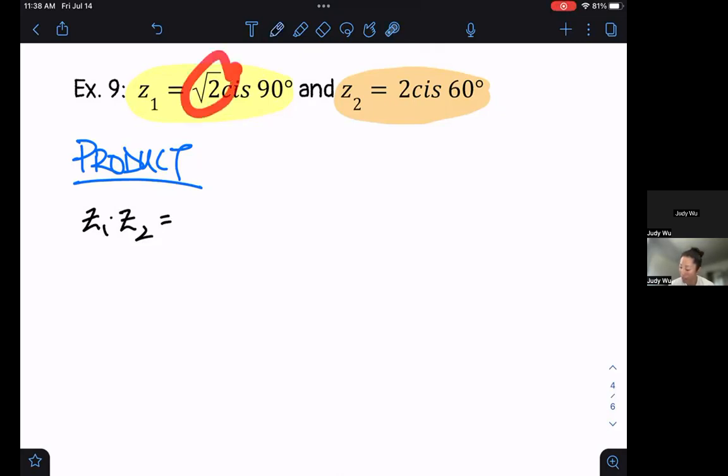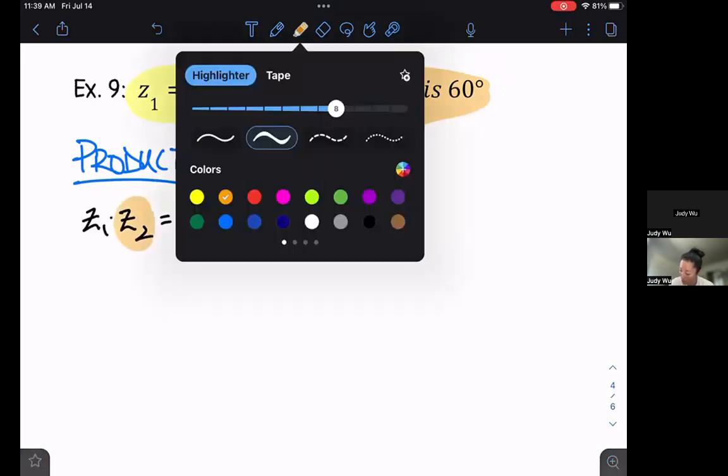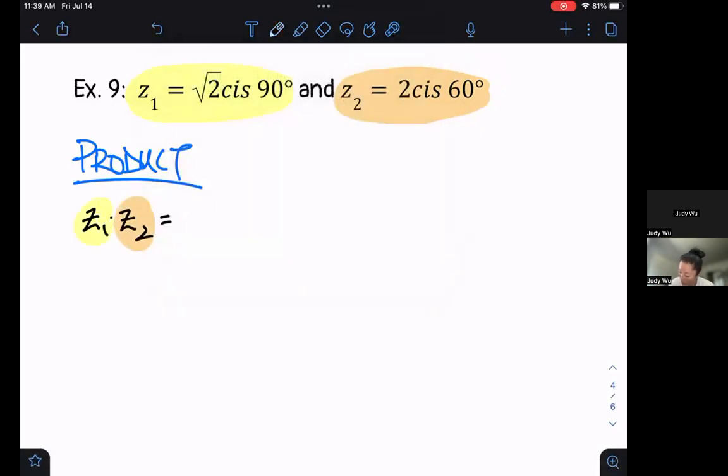Now, here's what we're not gonna do. We're not gonna take the R's and multiply them and then take the angles and multiply them, okay? That's almost what we do. It turns out that if we wanted to find the product of Z1 and Z2, we actually multiply the R's, okay? So let me write out the whole thing first.